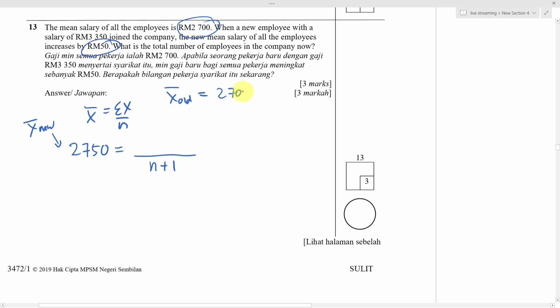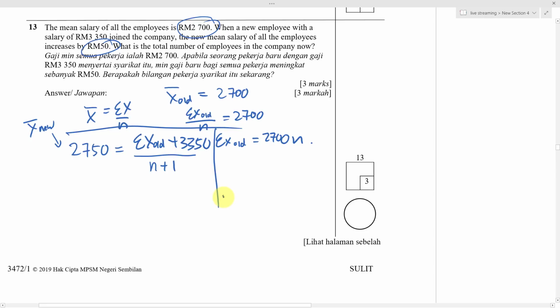2700. So the sum of x, the old one, over n equals 2700, so the original sum of x is 2700n. I need to add the 3350 of the newcomer to the previous sum of x. So the new mean is 2700n plus 3350 over n plus 1 equals 2750.